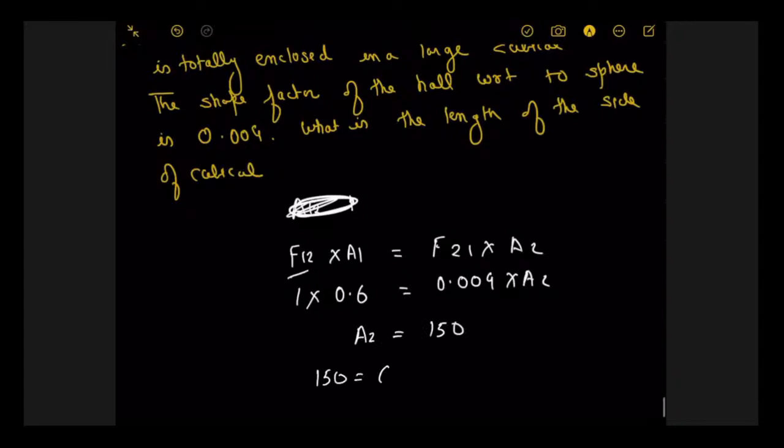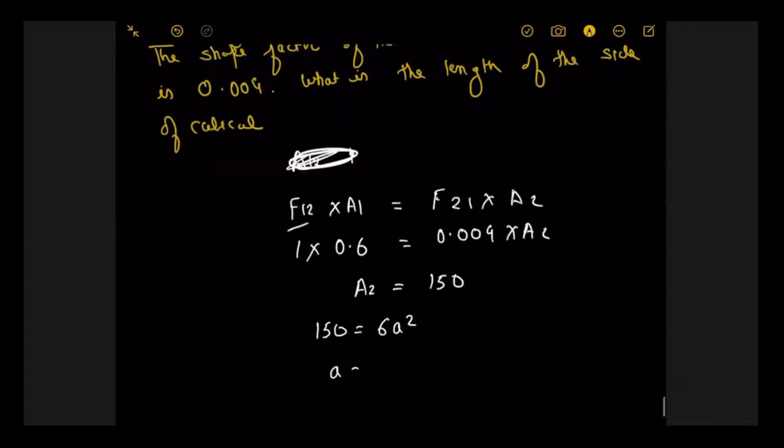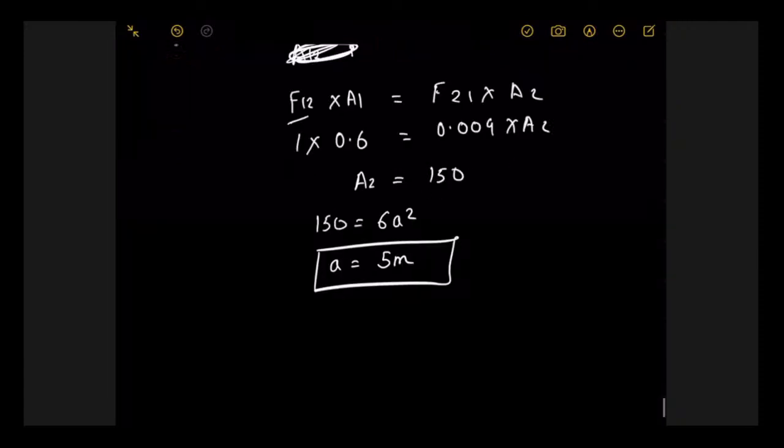So 150 equals 6a square, so a equals 5 meter. Cubicle hall, 6a square area.